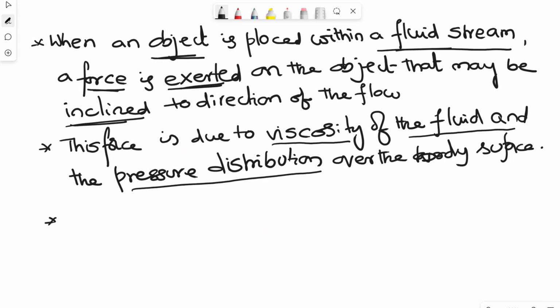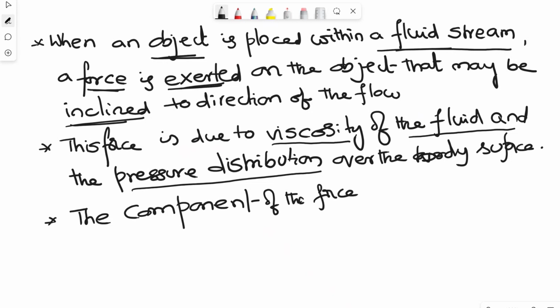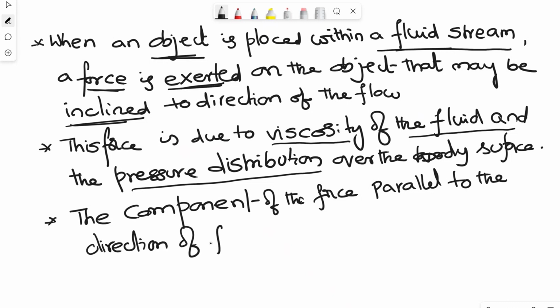Third point: because I mentioned the force is inclined to the flow, the component of the force parallel to the direction of flow is called drag.